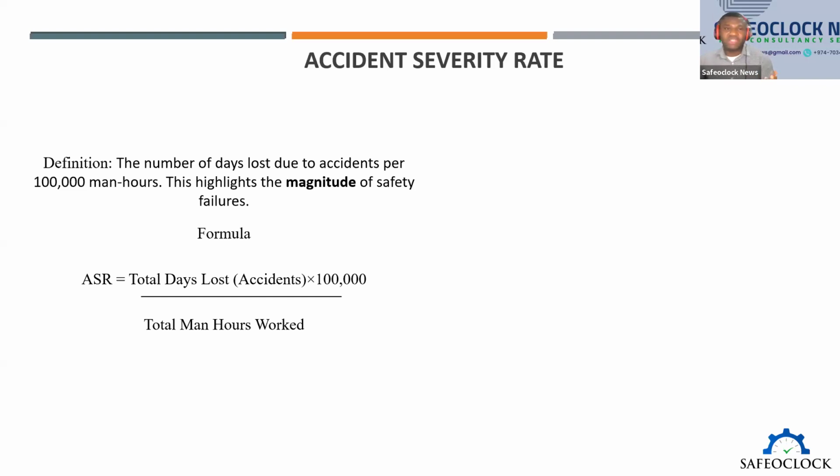So in our calculation of accident severity rate, we are looking at the number of days lost due to accidents per 100,000 man hours worked. Usually this calculation highlights the magnitude of safety failures that the management was not able to prevent. The formula for ASR, which is accident severity rate, is total days lost multiplied by 100,000 divided by the total man hours worked.